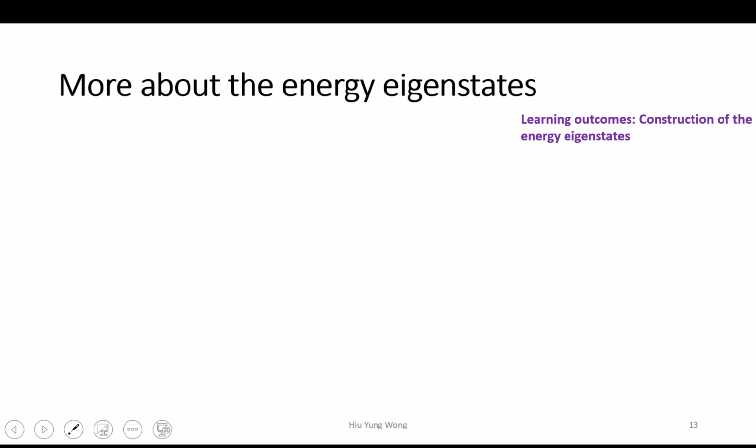I still want to go more, right? So then I want to talk more about the energy eigenstates. Now, what did I say? So let's look at this. A dagger acting on 0, what will you get based on what you have learned so far?